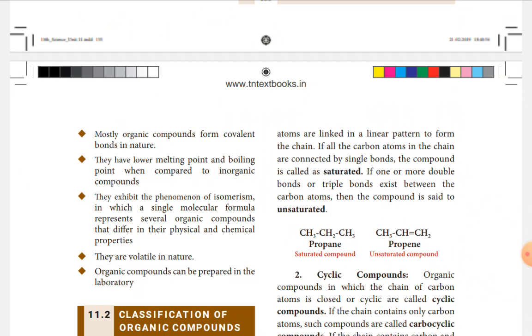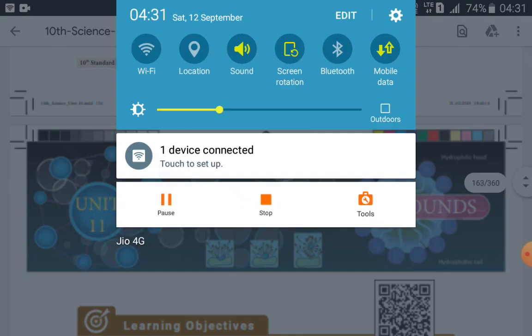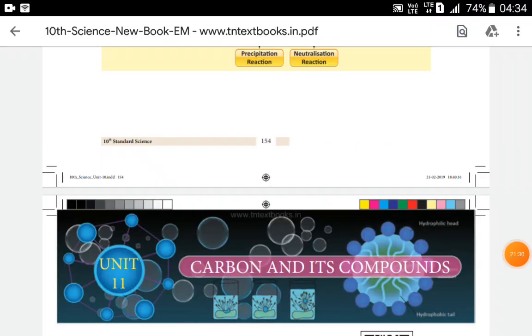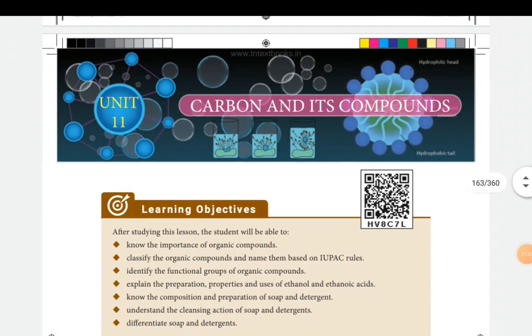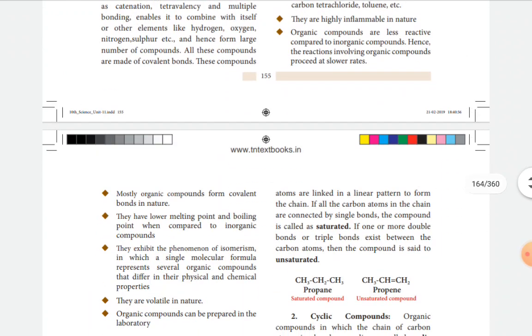The force of attraction between two molecules is not very strong. So my dear students, mostly organic compounds are covalent bonds in nature. Covalent bonds, we already learned.